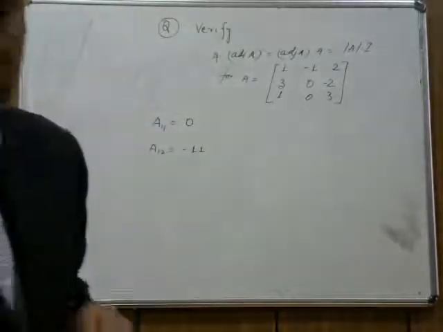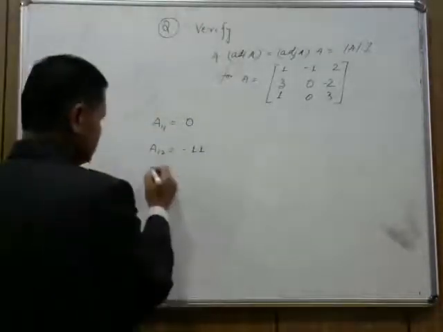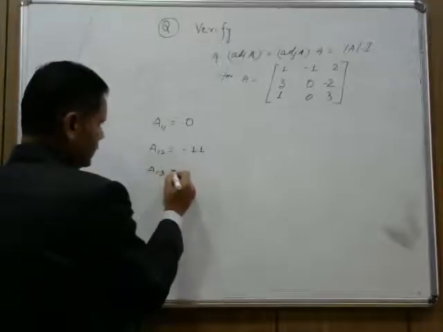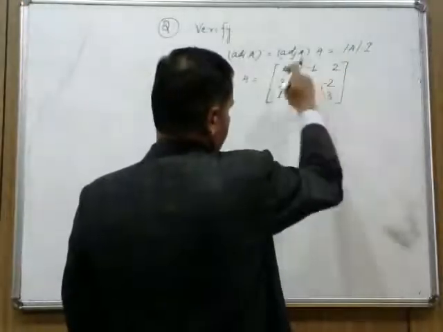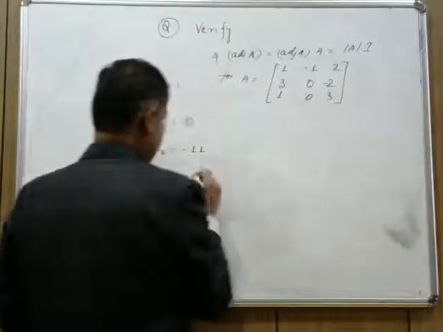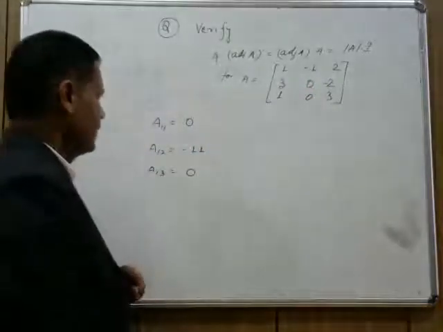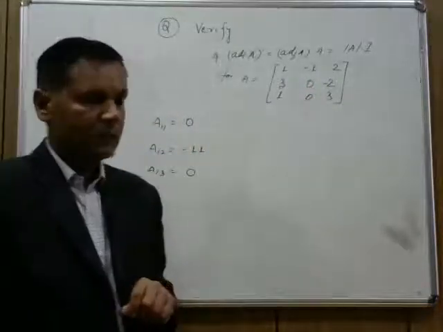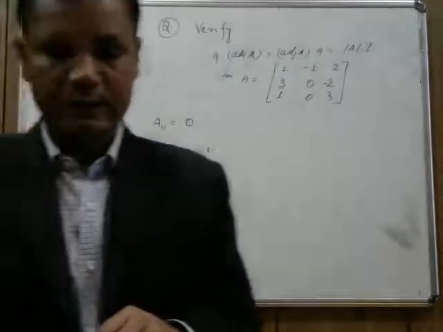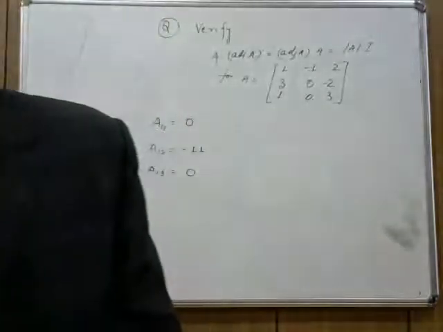A13: 0 0, it remains 0 only. So A11 is 0, A12 is minus 11, and A13 is 0.